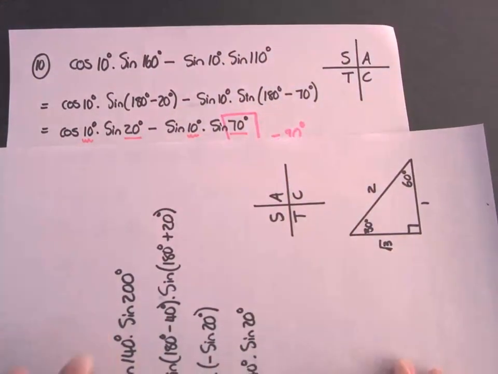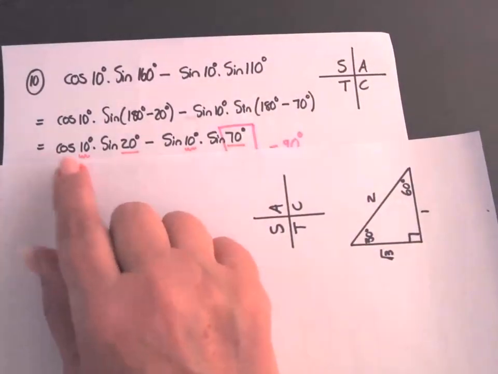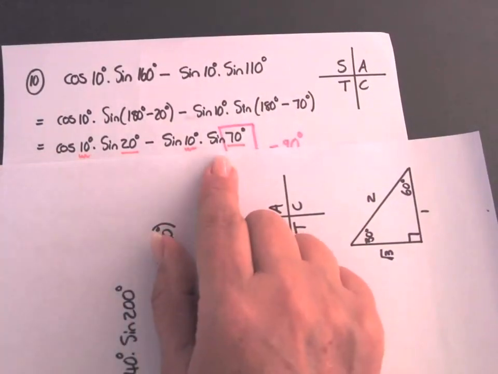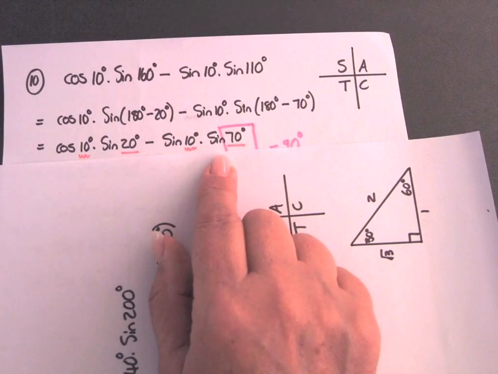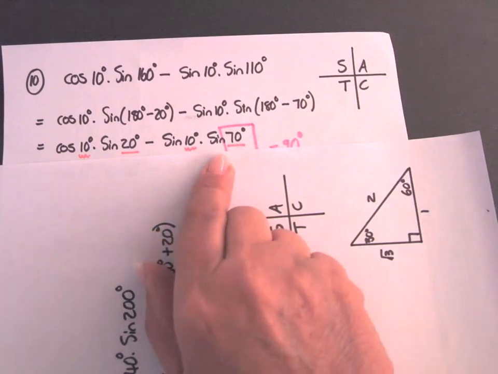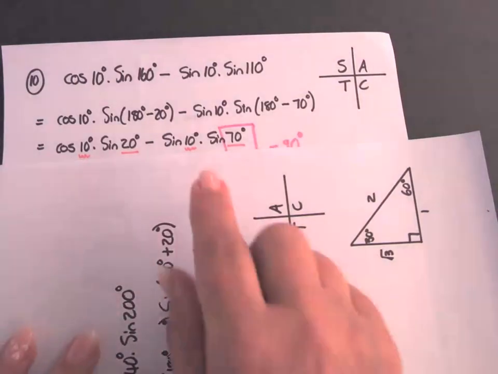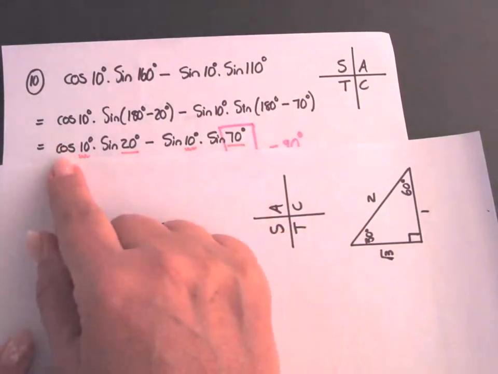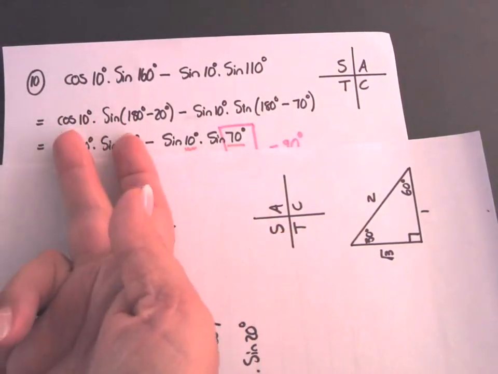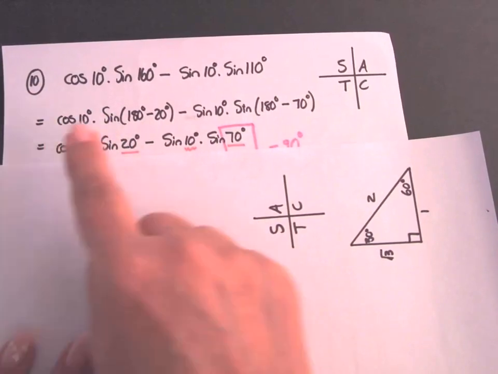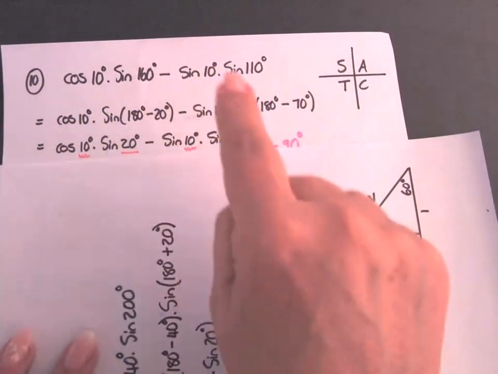Now, if you look at the rhythm, I see a cos sine, sine sine. That doesn't make sense and it doesn't sound like it should sound. Now you have to look for alternatives. I think I should change these two to sine cos, and then I must also have sine cos.